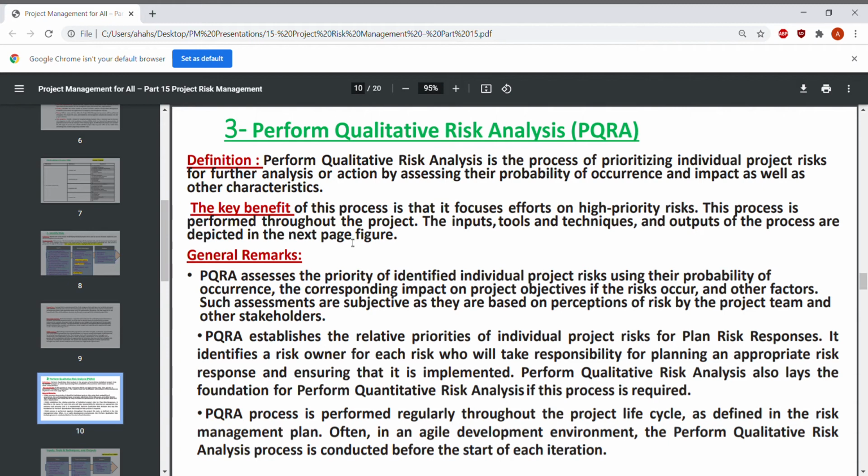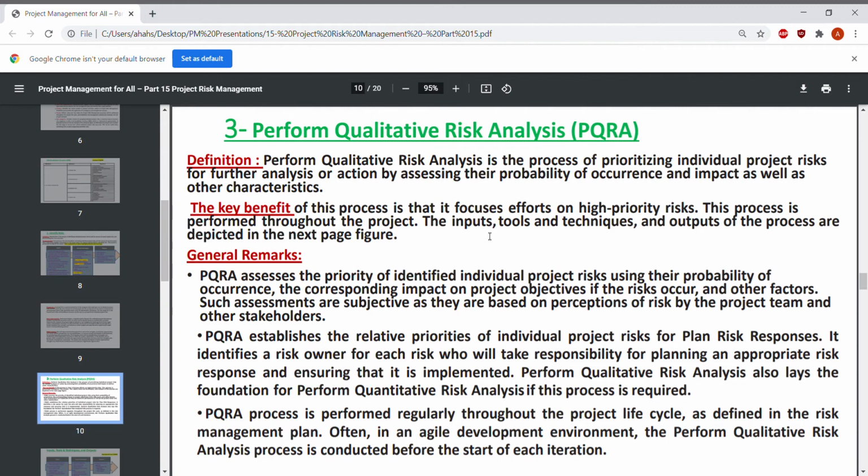So we assess how probable the occurrence is and how much the impact of each risk. The benefit of this process is that it focuses efforts on high priority risks. So once we know which one is the highest probability and high impact risk, we deal with them first.